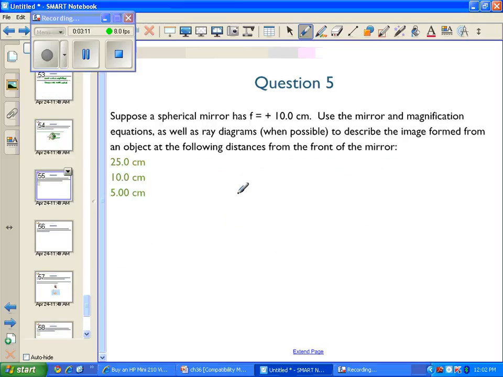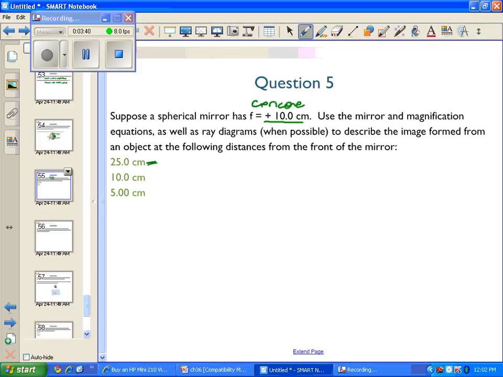Next question. Suppose a spherical mirror has a focal length of plus 10 centimeters. Well, that tells us that it's going to be a concave mirror since it has a positive focal length. Use the mirror and magnification equations as well as ray diagrams when possible to describe the image that is formed of an object that is placed at the following distances from the mirror.